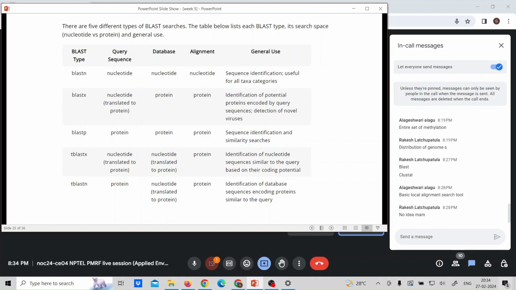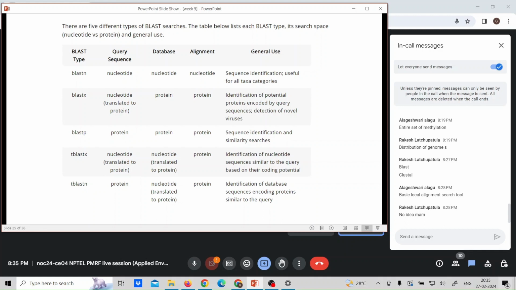So for this purpose, we use TBLASTX, and then we go for TBLASTN, where I input a protein sequence. The database is nucleotide sequences translated to protein. I have a protein sequence at the end in my database, but that protein sequence was obtained from a nucleotide sequence.